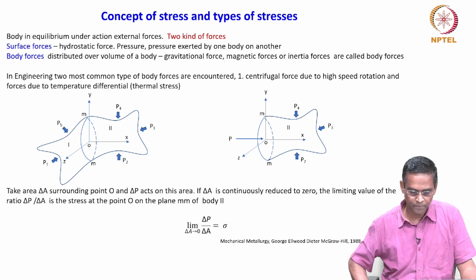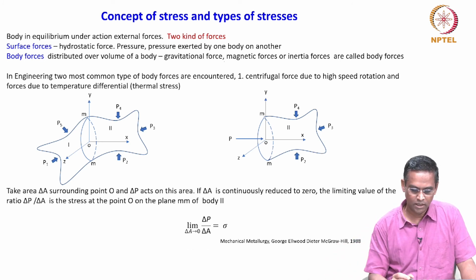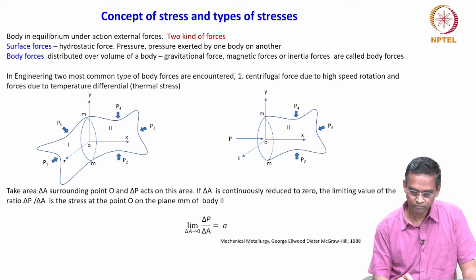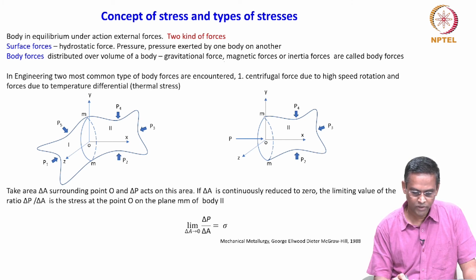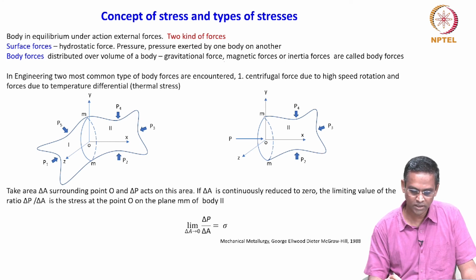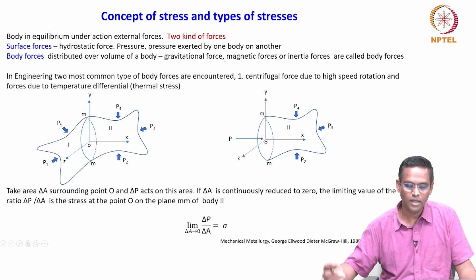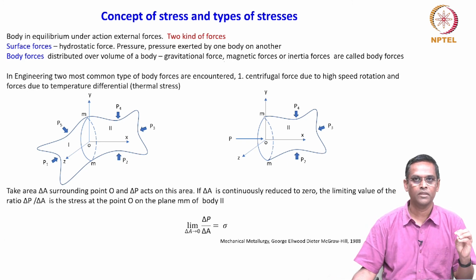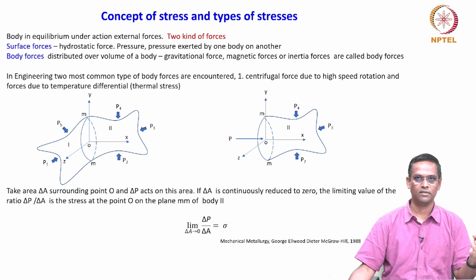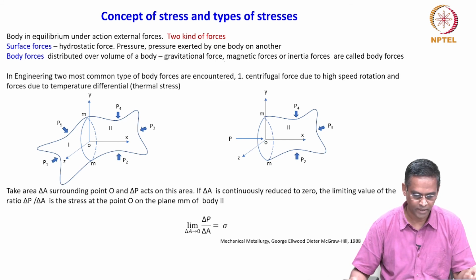So it is a limiting value of the ratio, that is, limit delta A tends to 0, delta P by delta A, which is nothing but sigma, the stress at a point according to the strength of material concept. That is one way of looking at the stress at a point, how to visualize or grasp the idea.